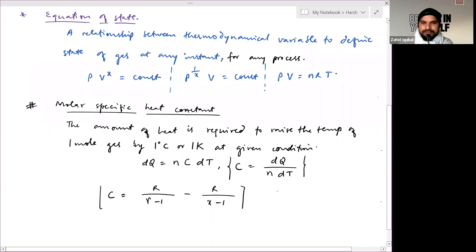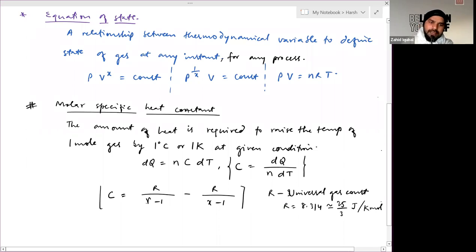In this, R is the universal gas constant, which is equal to 8.314, or you may write it as 25 by 3 joule per Kelvin per mole.